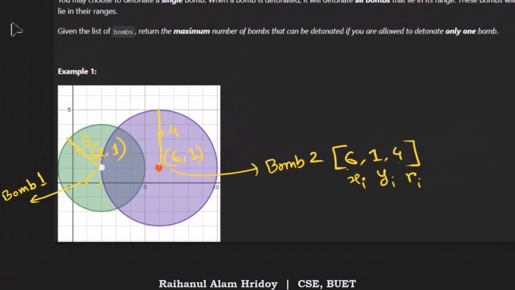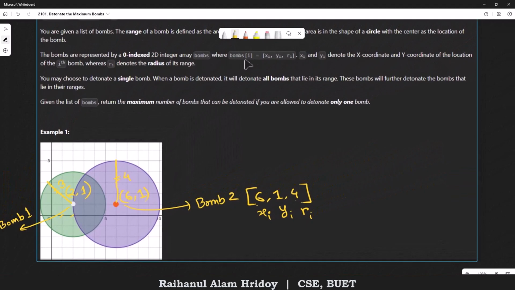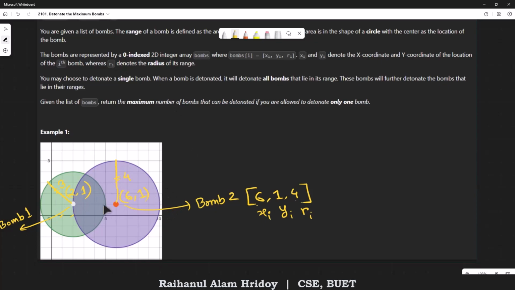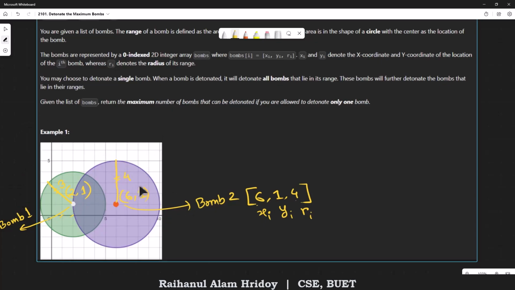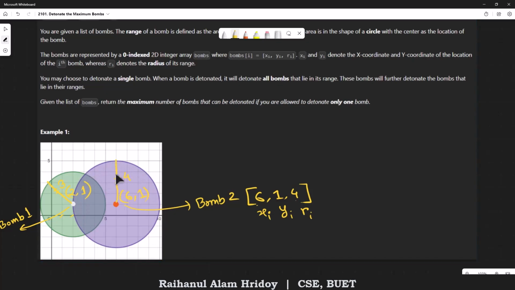So the input will be given like this: each bomb is denoted as xi, yi, ri, where xi and yi are the x coordinate and y coordinate of the location, and ri is the radius. This is pretty much the description.